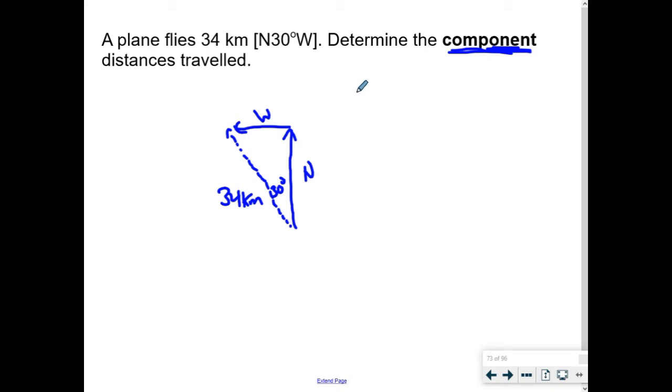We need to know that, say, the sine of 30 degrees is equal to the opposite over the hypotenuse. Well, the opposite value in this particular setup is your west component, but your hypotenuse was 34.